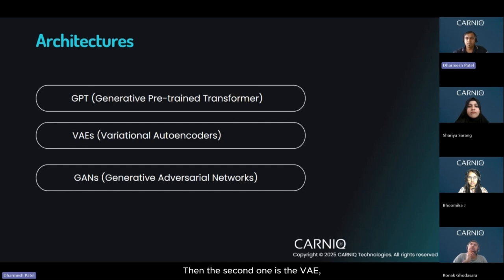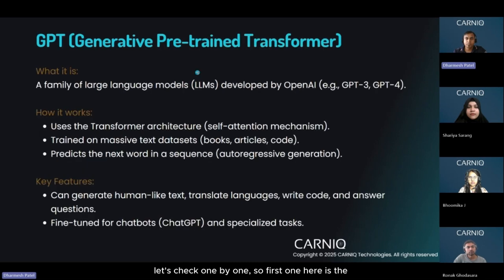The second one is the VAE, the Variational Autoencoder. Again, this is another architecture type. The third one is the GAN, the Generative Adversarial Network. What is it and what features does it contain? Let's check one by one.